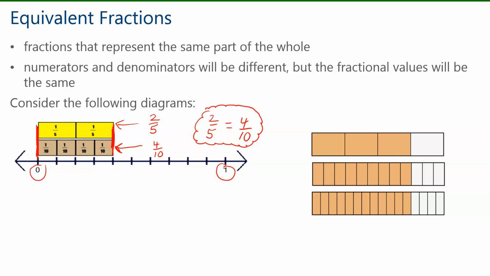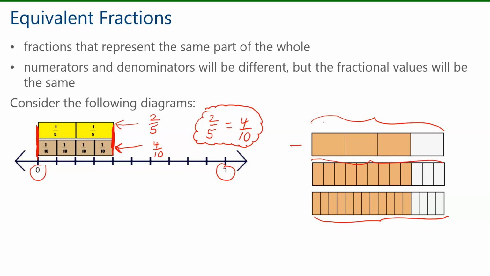Let's look at 3 sets of rectangles here. And we need to pay particular attention to the fact that each whole has been drawn the exact same size. That's very, very important when we're comparing. But when we look closely at each one, we see that they've been divided up differently.